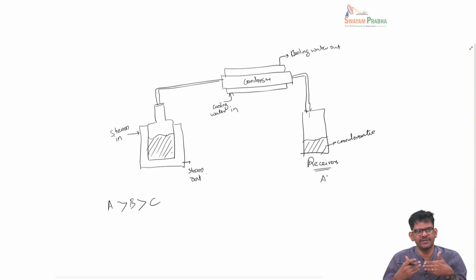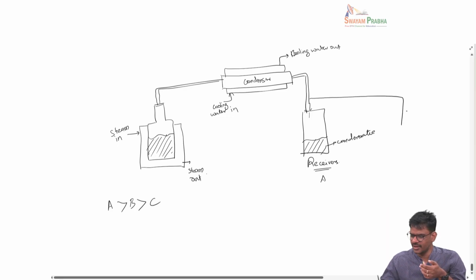Now the next would be B. Component B will vaporize. You can take it away and put it into another receiver, and this will be rich in B, and whatever is remaining here would be rich in C.